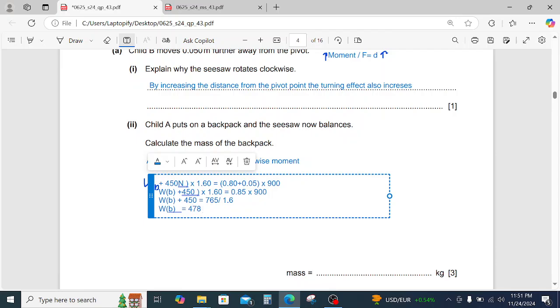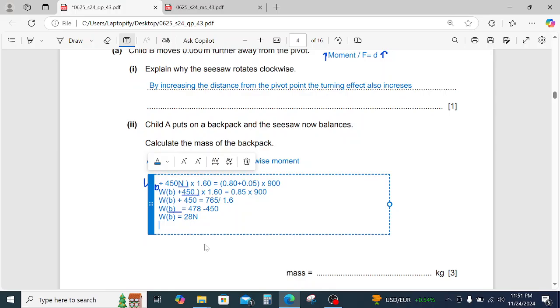Okay, minus 450 here. So the weight of your bag is, subtract these two terms, you will get 28. Okay, this is your weight, but the question is that you have to find the mass of the bag.